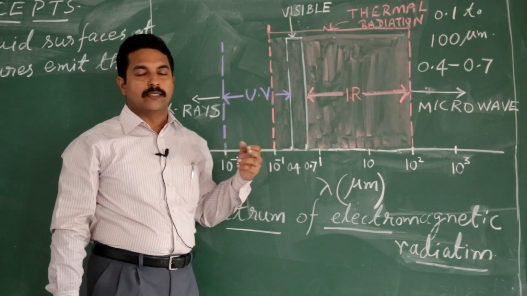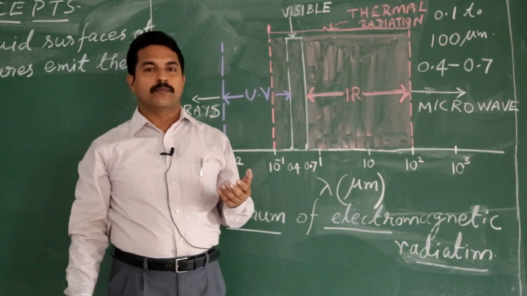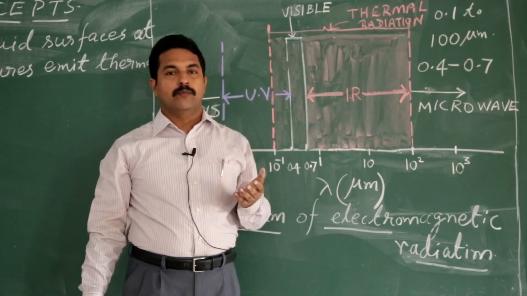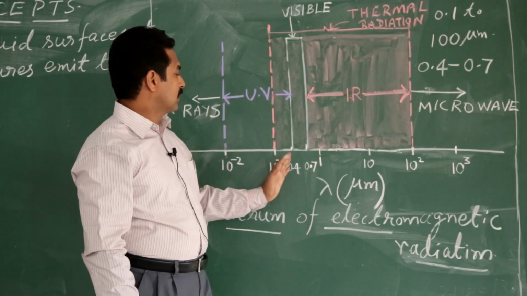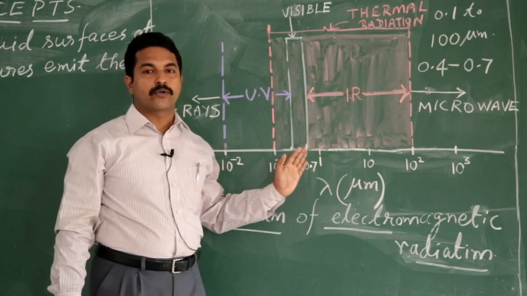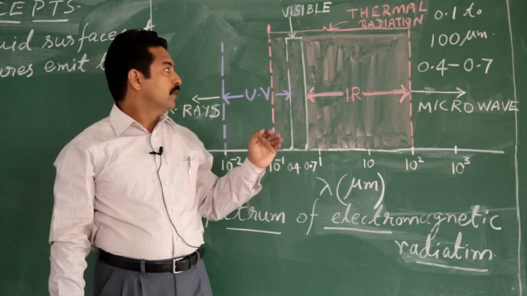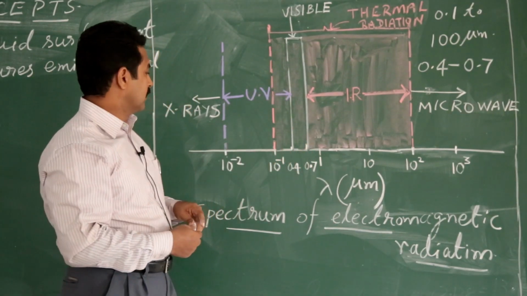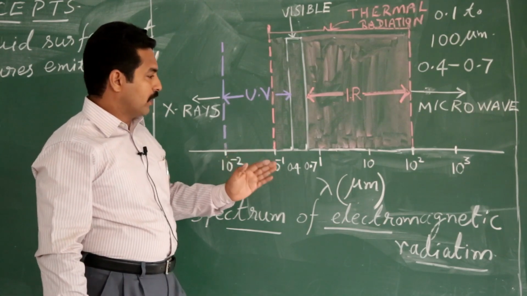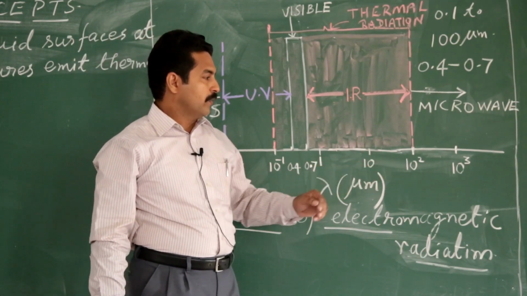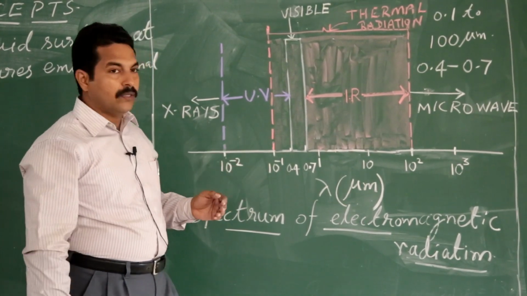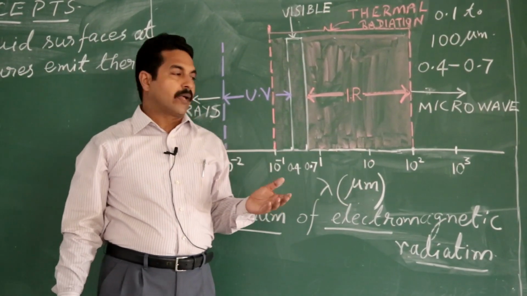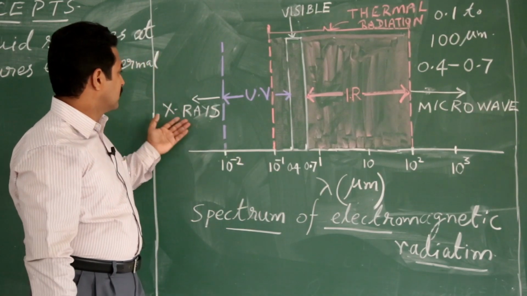Suppose we take a lamp, we can see the light, because the majority of the light falls under this 0.4 to 0.7 region. So that is the visible region. I already told you that when the wavelength is small, then energy will be high. So physicists may be working in this area, X-rays, gamma rays.